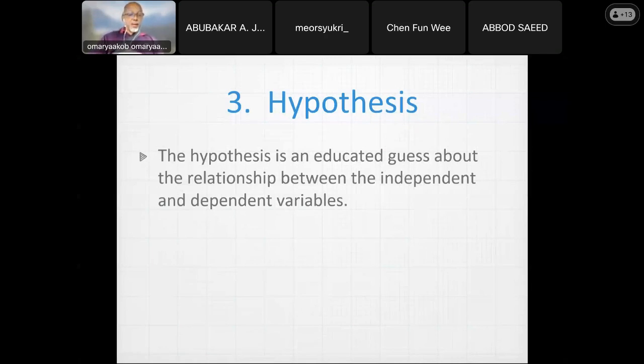Which one is the dependent variable? Between air fuel ratio and engine performance.